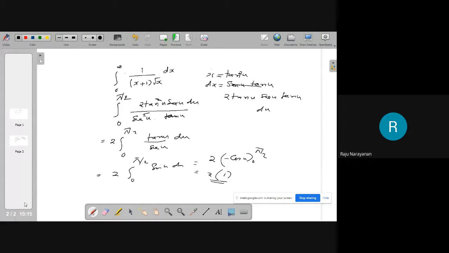Let us see whether it is coming or not. Where is my cursor? It is stuck there. I don't know what happened to it.